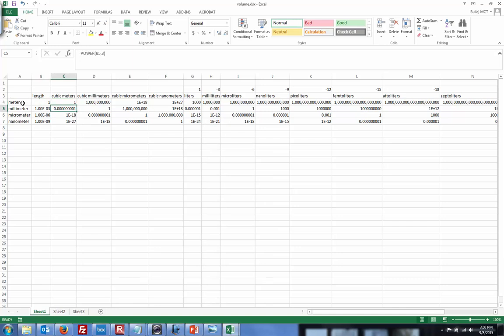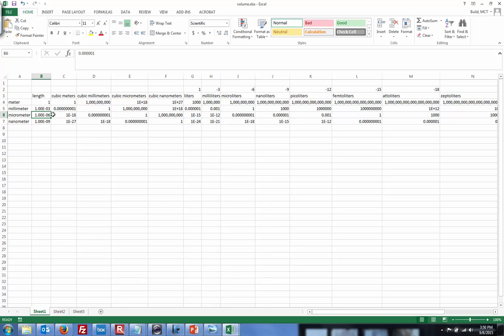What I've done in this little spot, and here's what I should probably be doing here, is if I start with this is 1, I can just say this equals that number divided by 1,000.